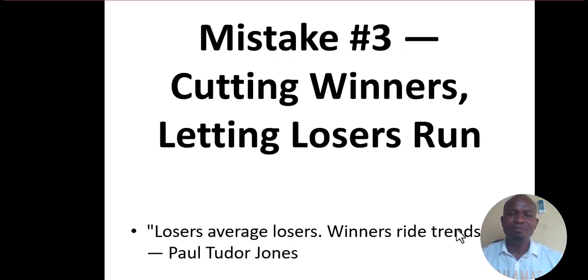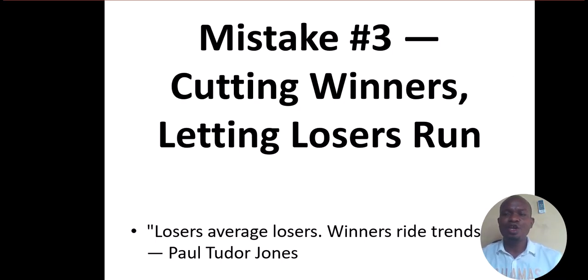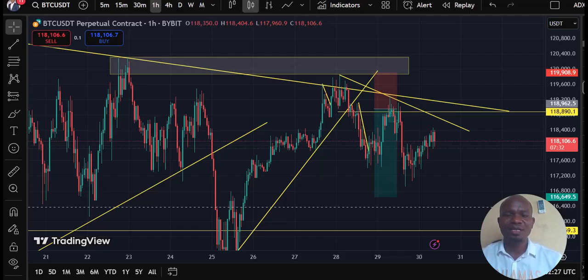All right, so the third mistake is cutting winners and letting losers run. Paul Tudor Jones said to average losers and let winners ride the trend. Anytime you are trading, you should define your loss before you enter the trade. For instance, this current trade that is running now, if it comes to this point, it will take me out, whether I'm on the screen or not.